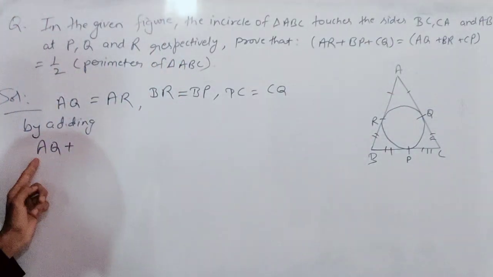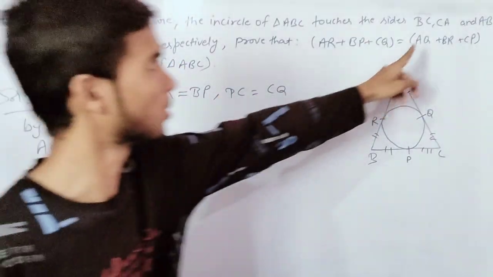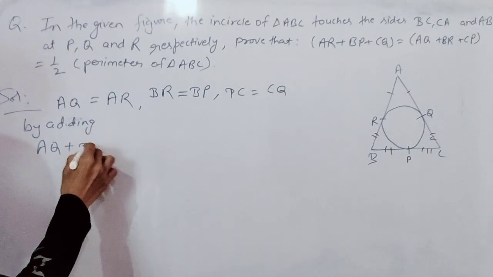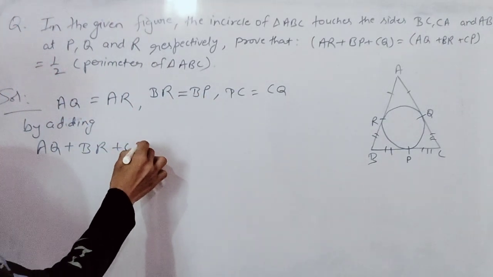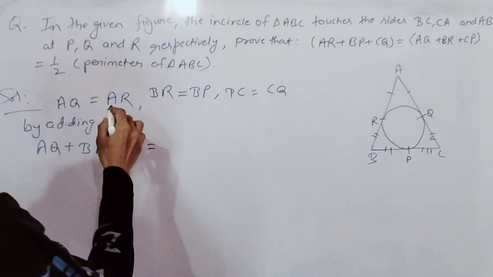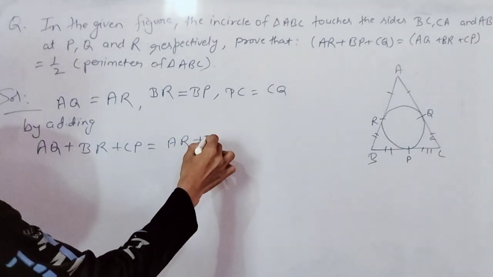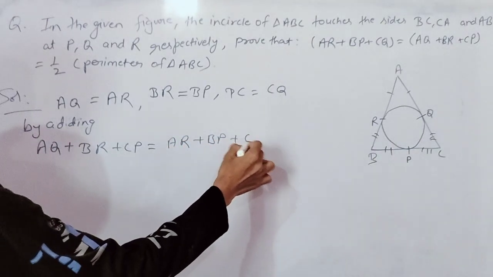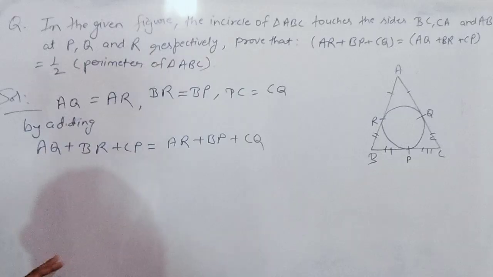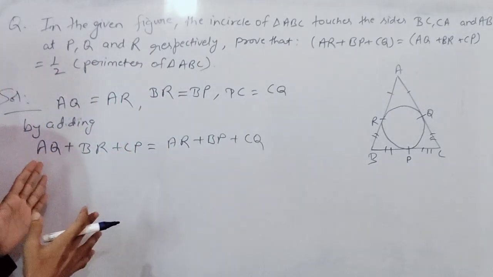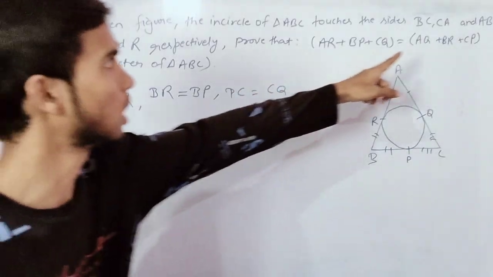How? AQ plus BR plus CP, isn't it? Now only this is AR plus BP plus CQ. So by adding this we got this equal to this.